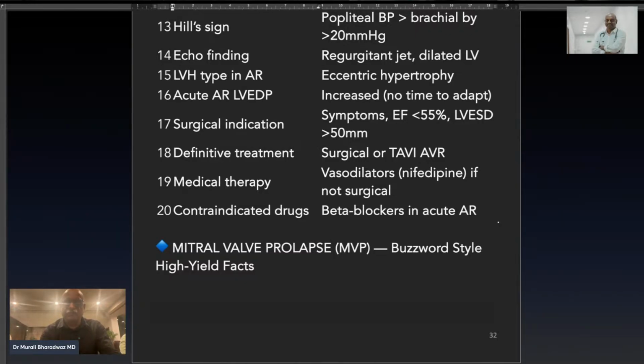Give me a funny trick to remember murmurs. Mitral regurgitation, aortic stenosis is systolic.